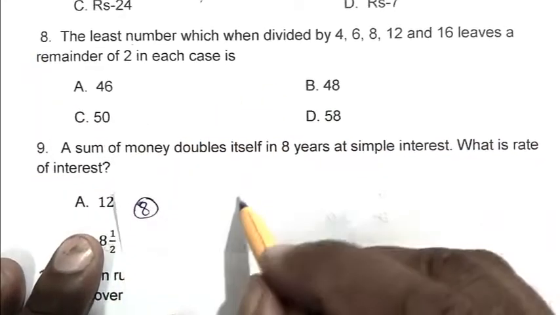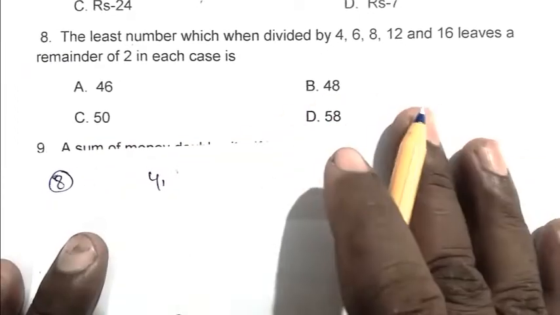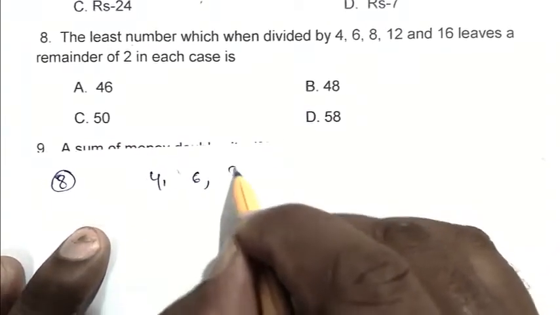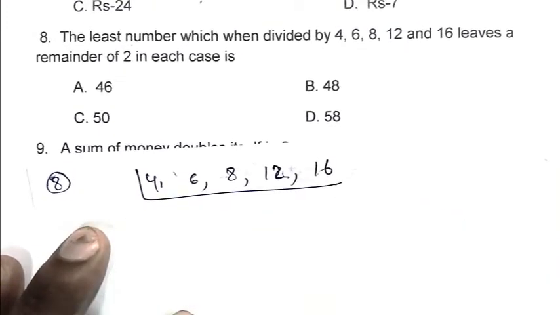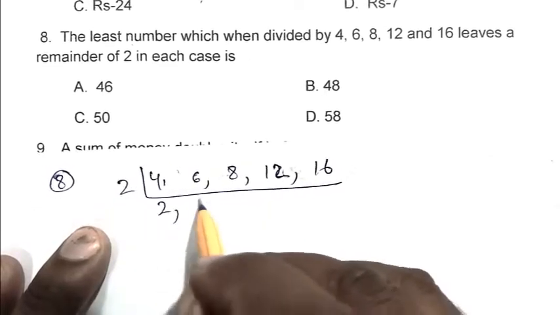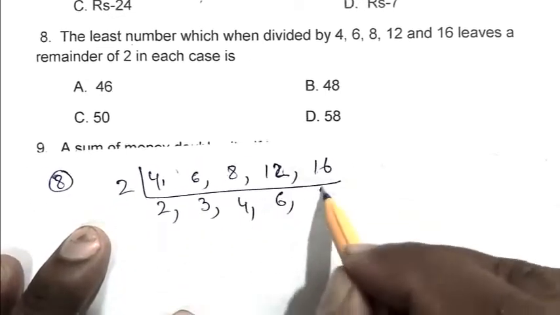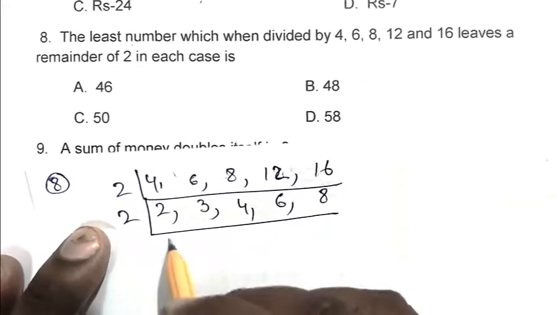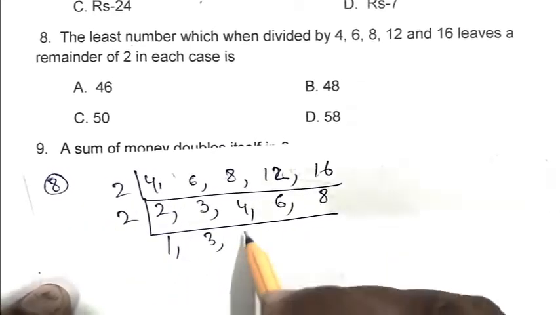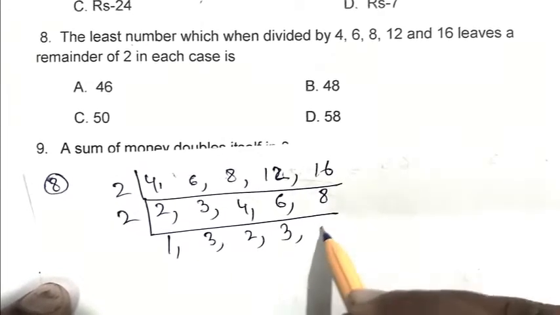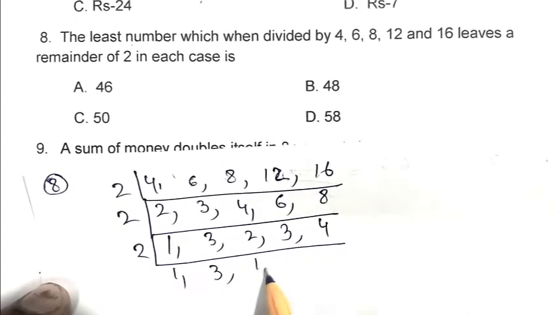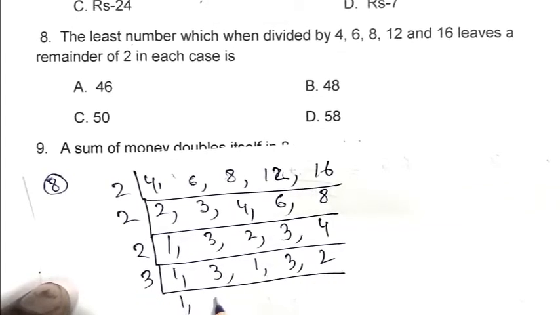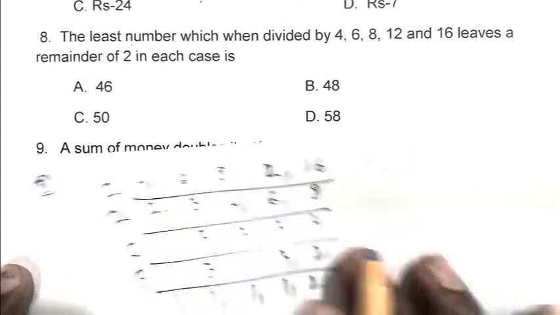So question number 8. 4, 6, 8, 12, 16. 2, 2, 3, 4, 6, 8. Again 2, 1, 3, 2, 3, 4. Again 2, 1, 3, 1, 3, 2. 3, 1, 1, 1, 1, 2.